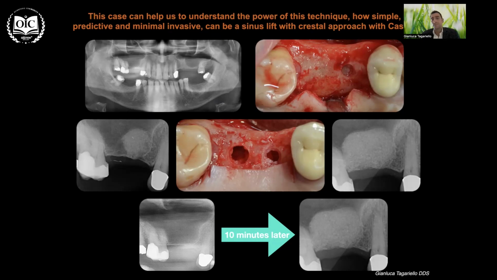But with the crestal drill, I decided to perform my sinus lift this way. From the first hole, I push bone, then I perform the second access in the 1.6 position and push more bone. In only 10 minutes, we have the bone regeneration of the patient. So we can wait 6 months for implant insertion.